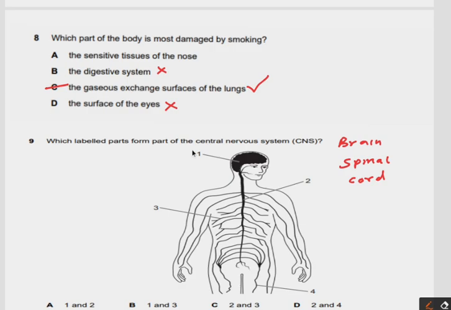So the central nervous system is made up of the brain, which is the first one, and the spinal cord, which is part 2. This suggests that the answer here is going to be A. But when you talk of the peripheral nervous system, the answer is just going to be 3, that's all. So that is one thing that we need to understand.